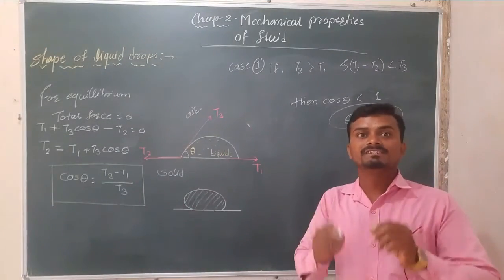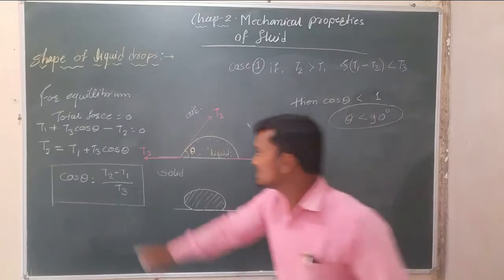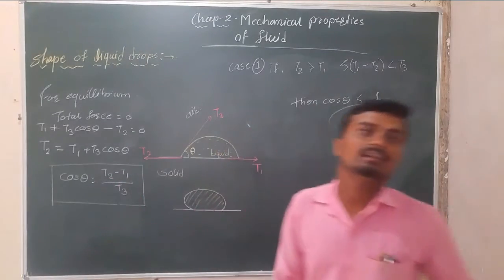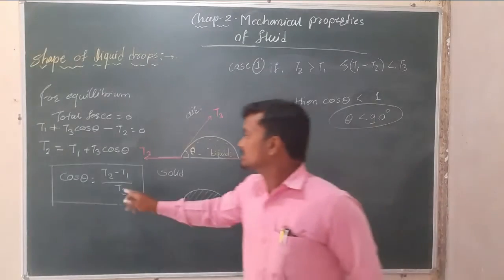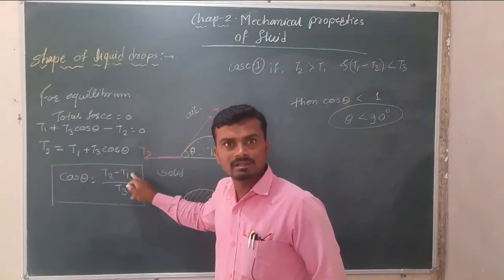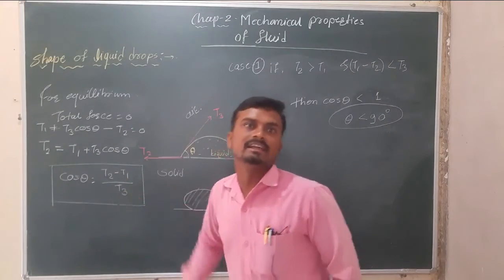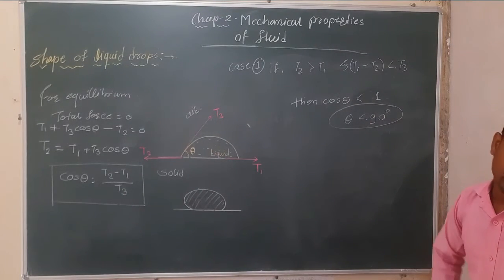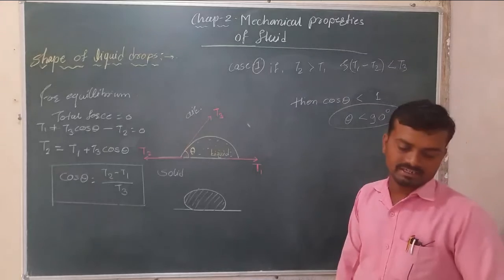We consider the first case. In that case, T2 is greater than T1, and T2 minus T1 is less than T3.